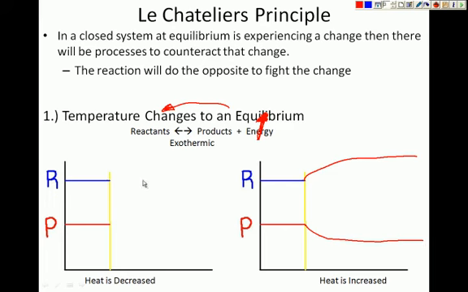Okay, so again, if heat is decreased, we're going to have one that looks like this, and if heat is increased, it'll be something like this.